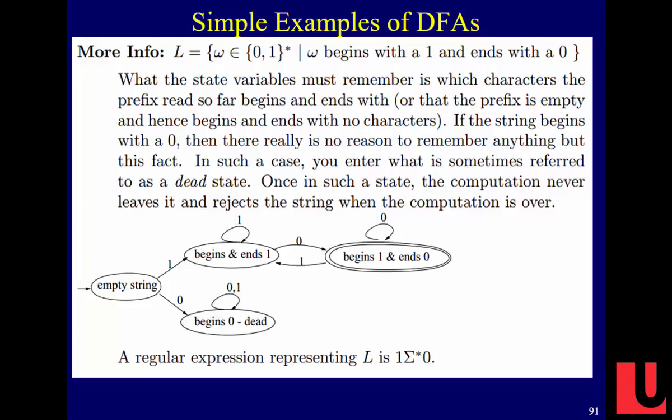Yeah? It seems to me like it actually can end with a 1. Because it says it begins and then ends 1. Doesn't that mean you can just end it before even reaching the state where you put the 0? If you get all 1s? Yeah, but this is a reject state. This is the double circle.